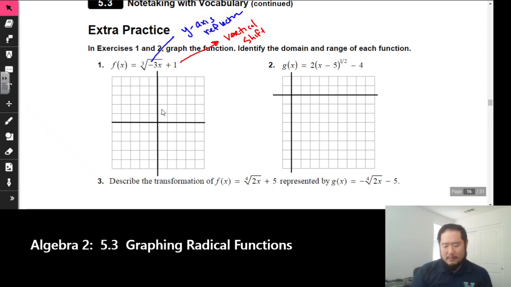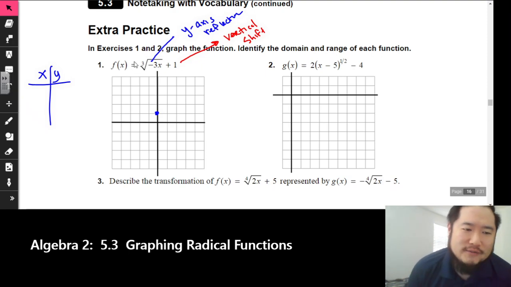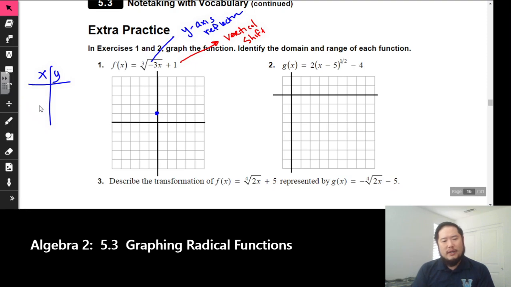So that tells me that the middle, remember, there's 3 points whenever we're dealing with this S-shaped function, will be right here at 0, 1. How do you know that? Because I could read this and extract the information out of this function right here. So there is the first point, 0, 1.